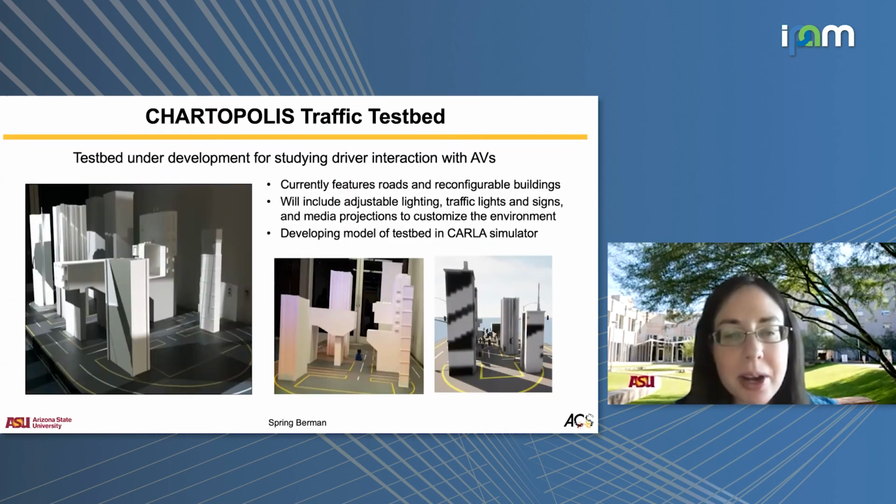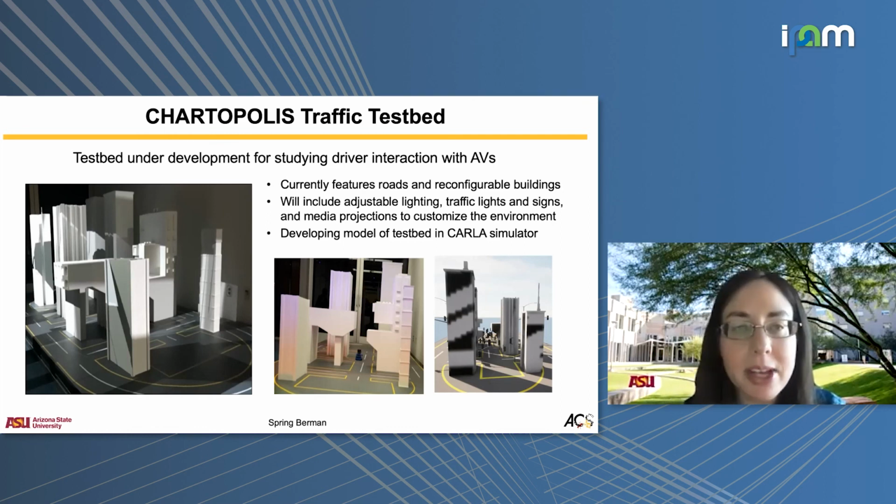All right, so we've been working on developing another larger test bed, although it's still a small scale test bed. This is what we call Chartopolis. It's being done in collaboration with other faculty at ASU. This test bed has reconfigurable buildings.